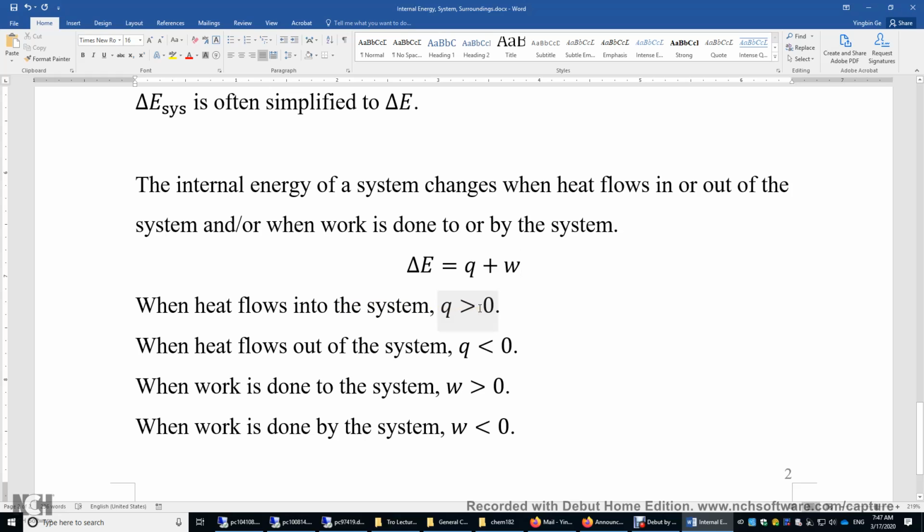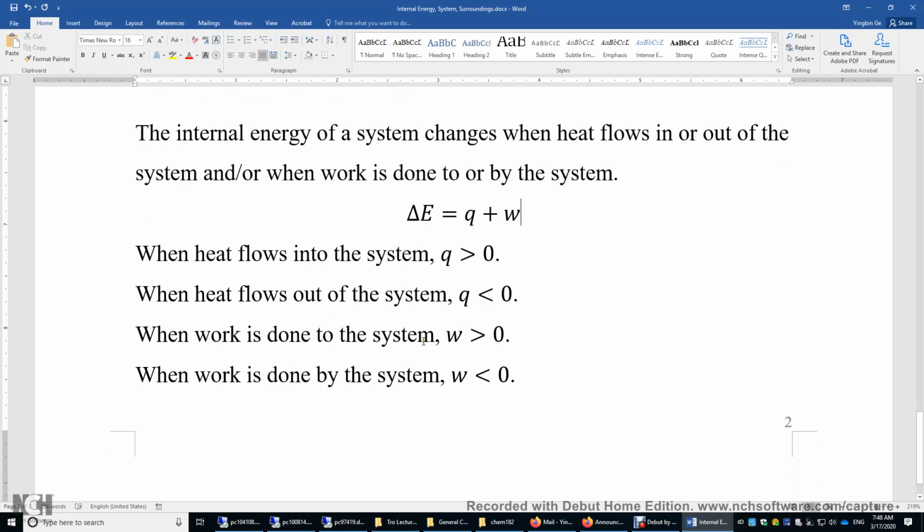Heat flows from the surroundings to the system. And then when heat flows out of the system, it flows into the surroundings, and then Q sub surroundings is positive. Same here, when work is done to the system, we know work of the surroundings is negative. When work is done by the system, well, we know it's done to the surroundings, therefore work of the surroundings is positive.